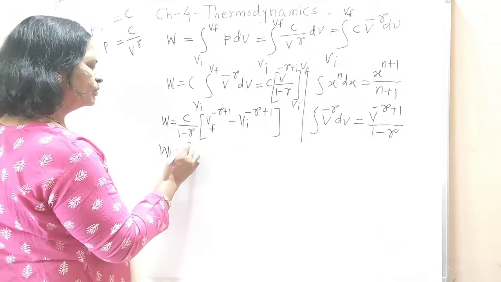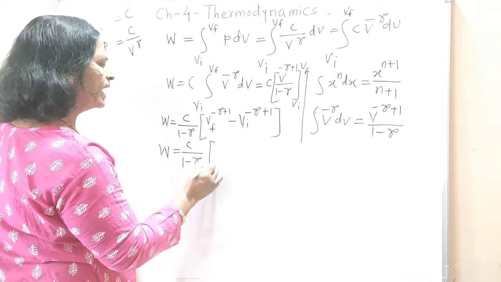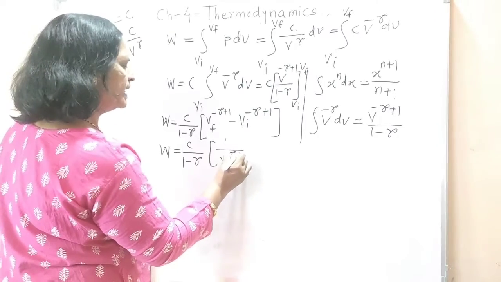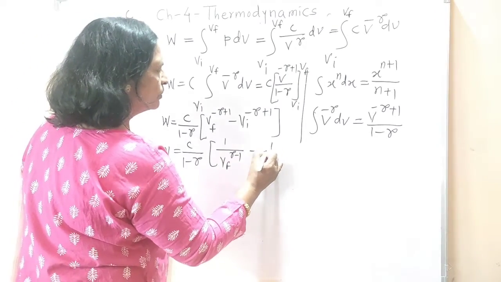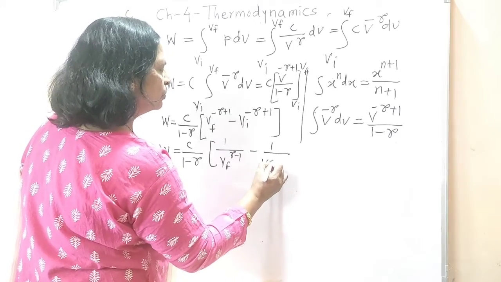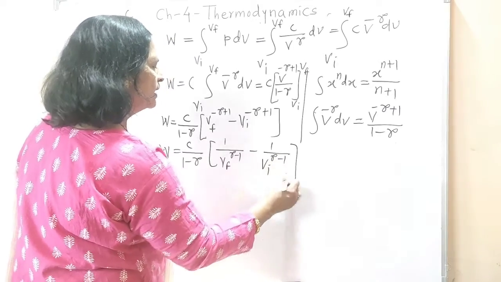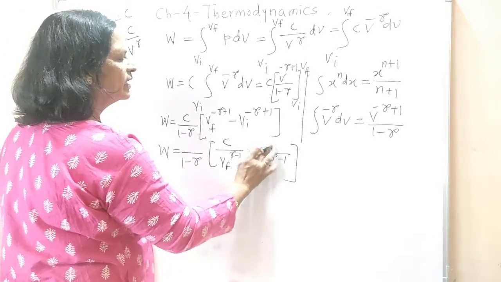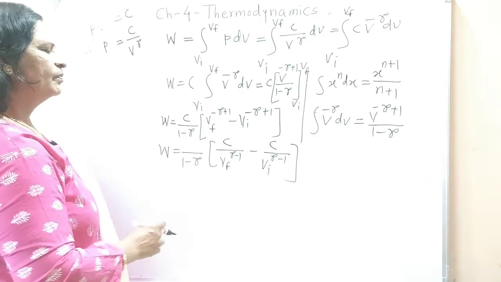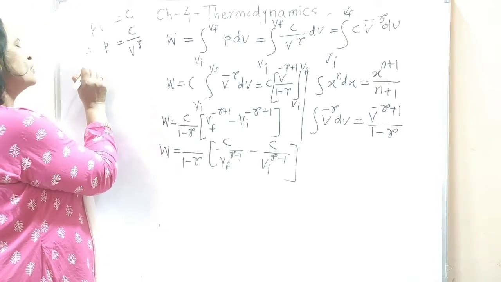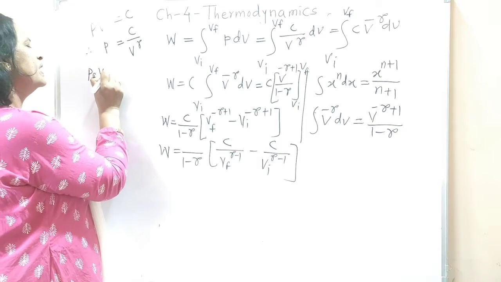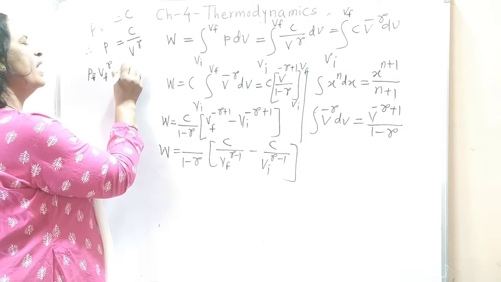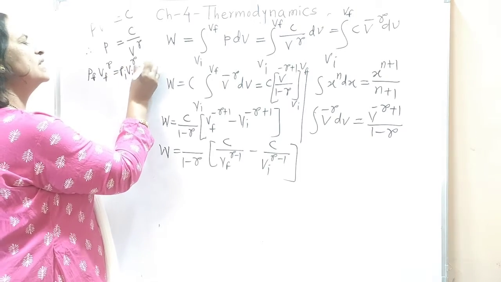W is equal to C divided by 1 minus gamma, 1 by Vf raised to gamma minus 1 minus 1 by Vi raised to gamma minus 1. If this C is taken inside, we can write C here. Then for the value of C, when the final state is there, the equation of state is Pf Vf raised to gamma, and when the initial state is there, Pi Vi raised to gamma is equal to C.